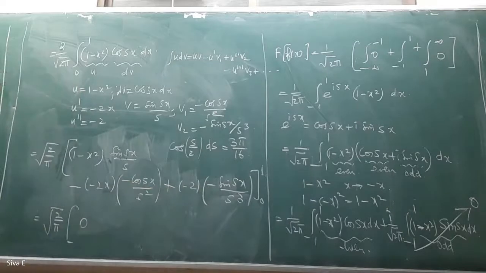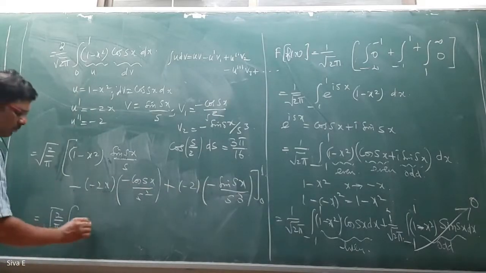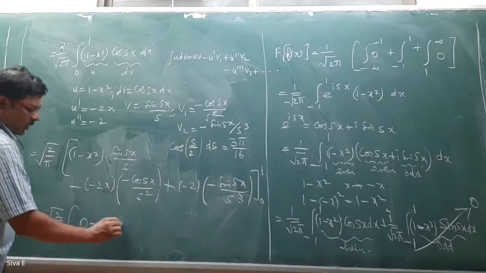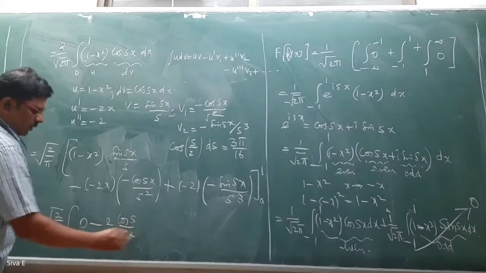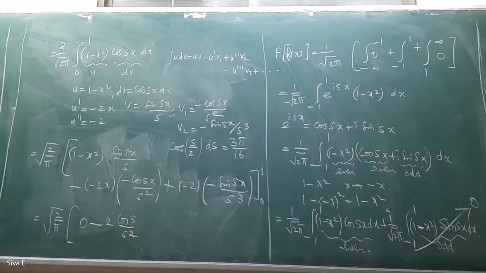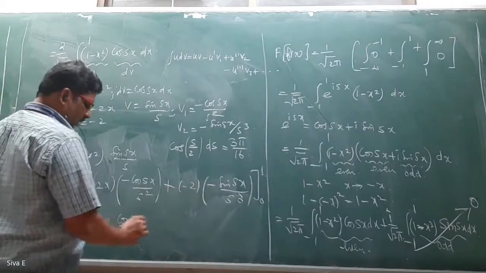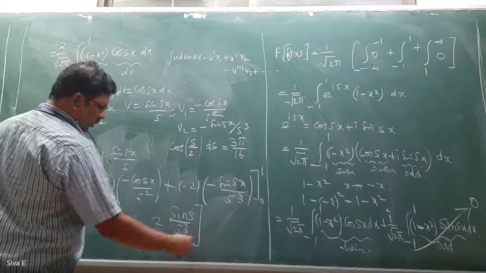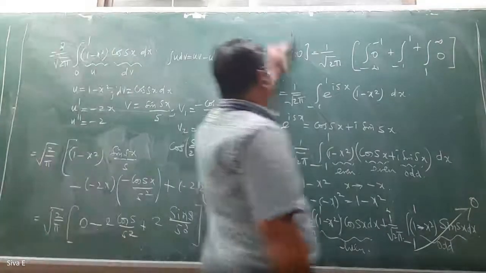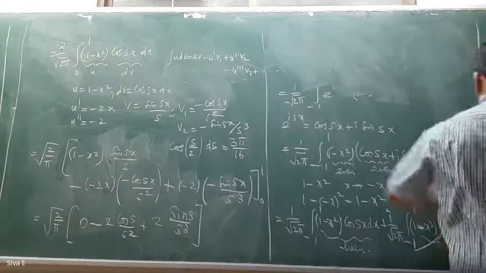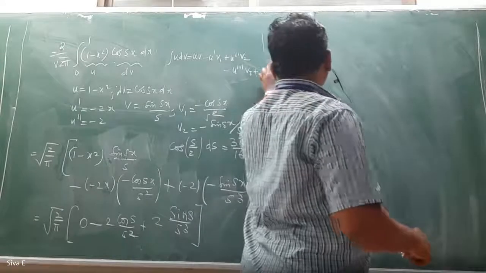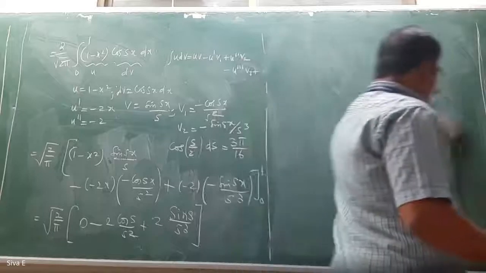So how can we apply that? Minus, we have to substitute 1: 2 cos s by s square, and then plus 2 sin s by s cube.